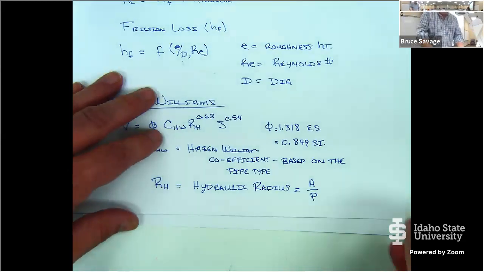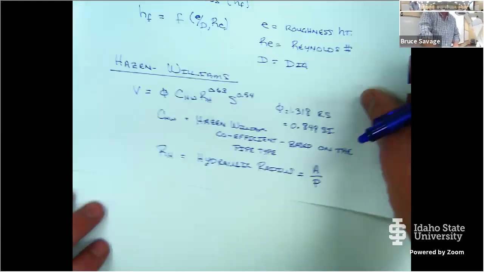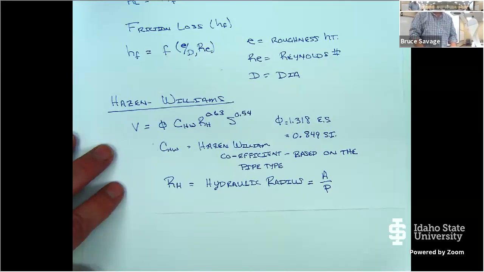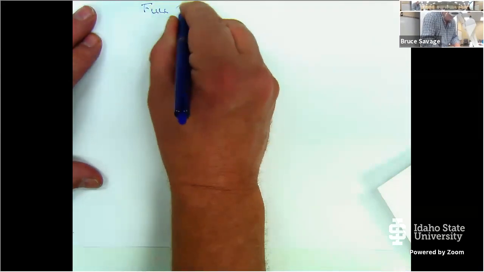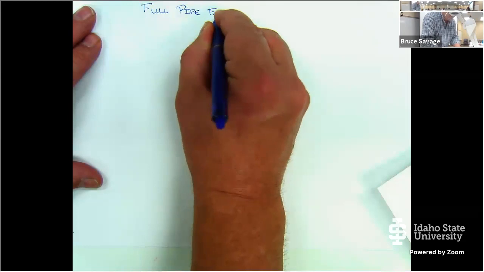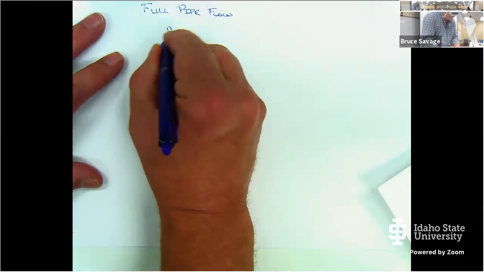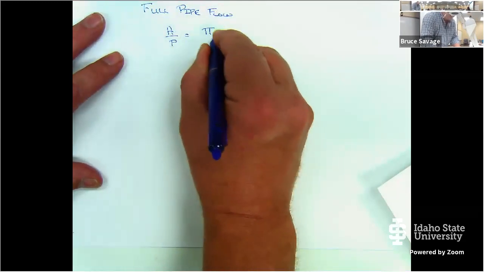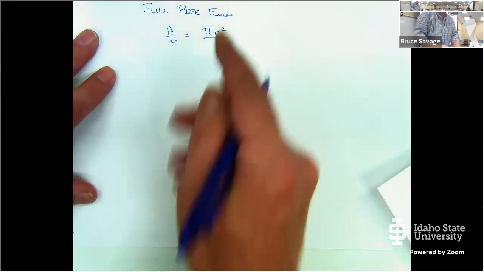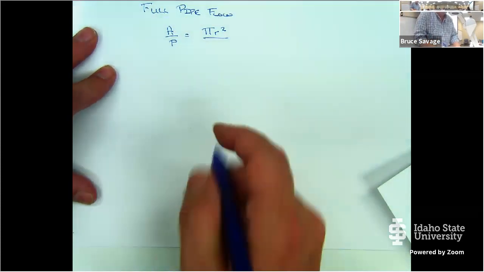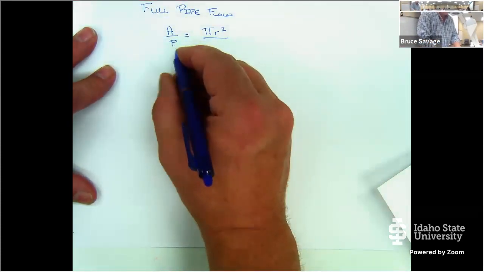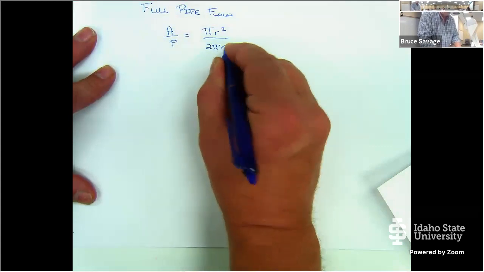All right. Anyone have that? Good to go? Okay. So if we had full pipe flow, and we look at that, the area over the wetted perimeter, area is pi r squared. We'll go back to the traditional area there rather than pi over 4 times d squared. And the perimeter is 2 pi r, right?